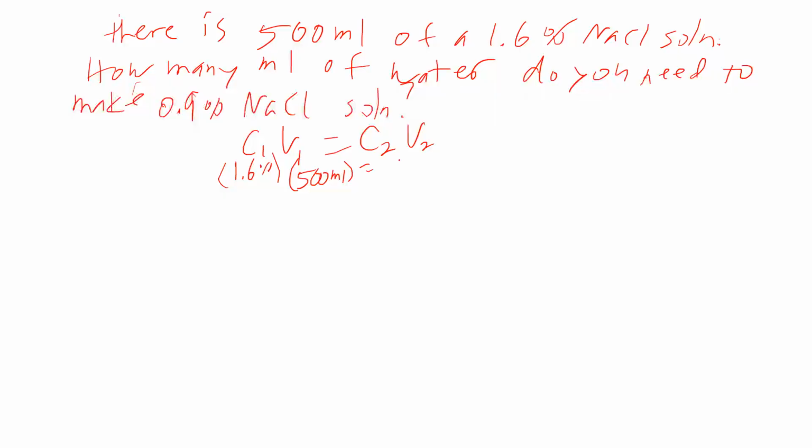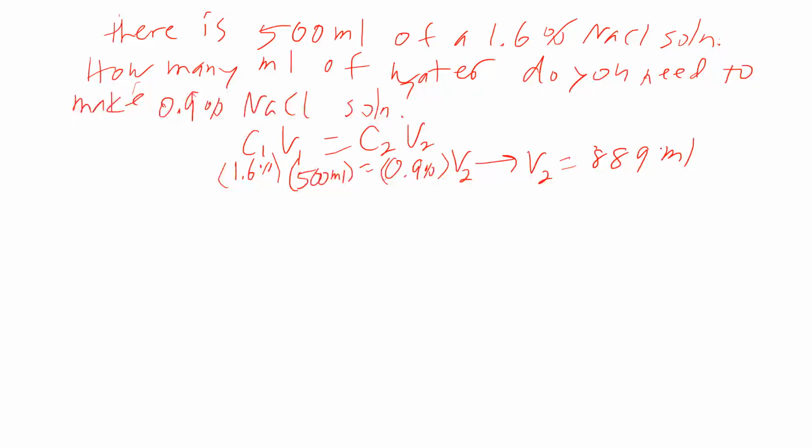And how much do you need to make 0.9%? And we calculate that. So V2 is going to be how much of the 0.9%. When you calculate for V2, it's 889 milliliters.